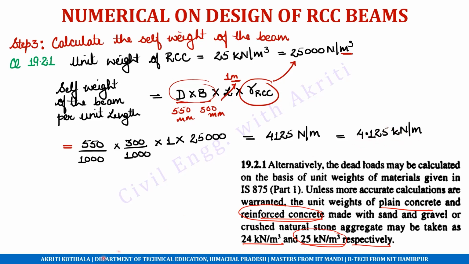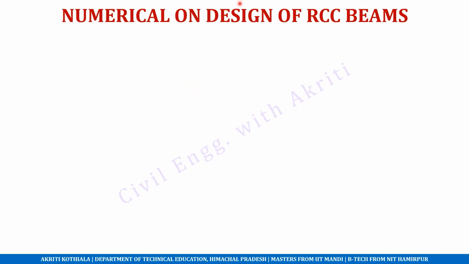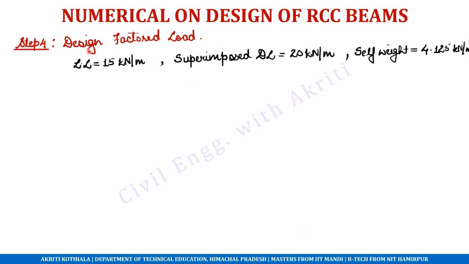Now the next step will be designing the factored load. To compute the design factored load, we've been provided the live load equal to 15 kilonewton per meter, superimposed load as 20 kilonewton per meter, and self weight as 4.125 kilonewton per meter. The self weight and the superimposed dead load combined form the dead load on the beam, which is equal to 24.125 kilonewton per meter.